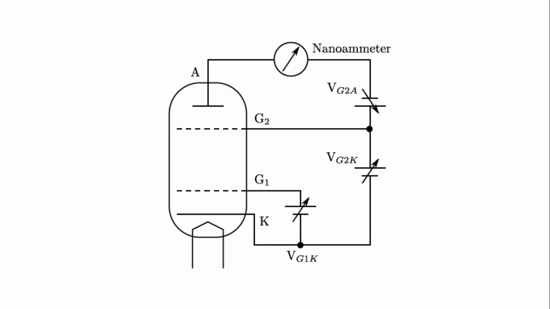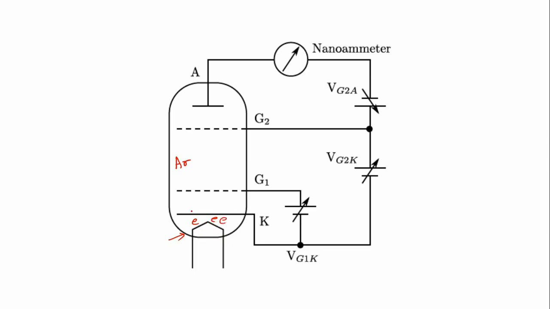So this is the experimental setup, where this is a vacuum tube, and in this vacuum tube, in our case, argon gas is there, and then we have an electron gun here, so that due to thermionic emission, electrons would come out from here.